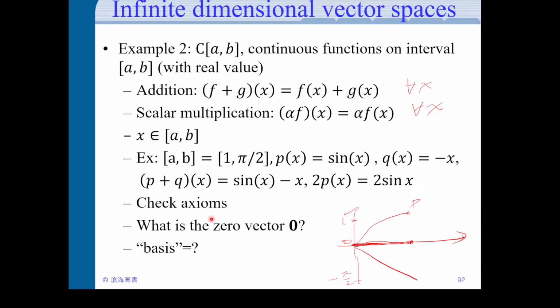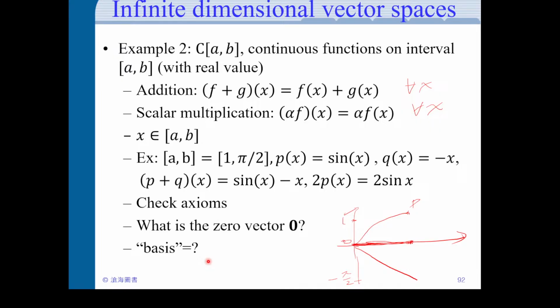Once again, you can check the axioms of this addition and scalar multiplication. You see that this is actually a vector space, and you can also find the zero vector. It will be some function on this interval.